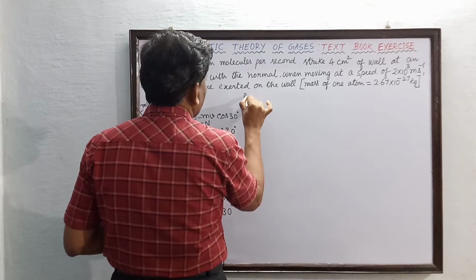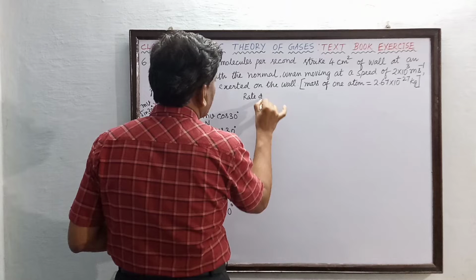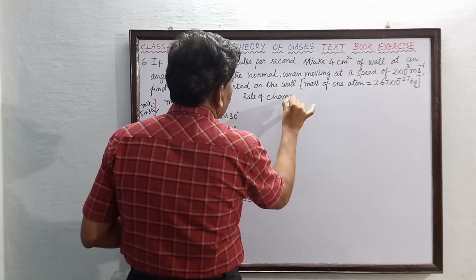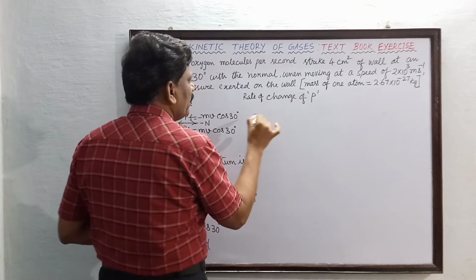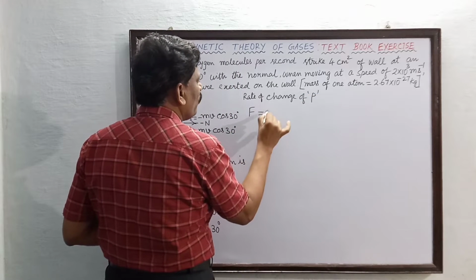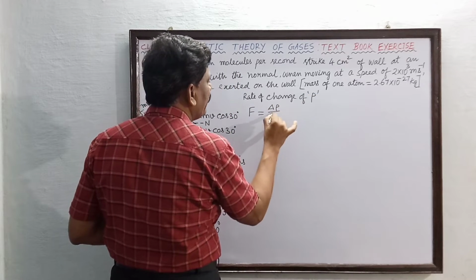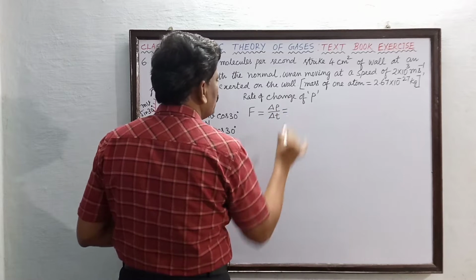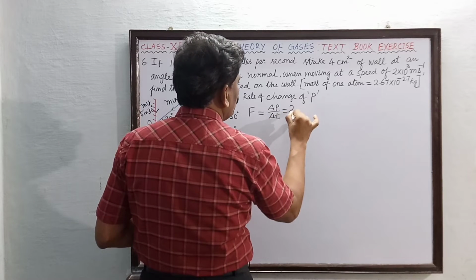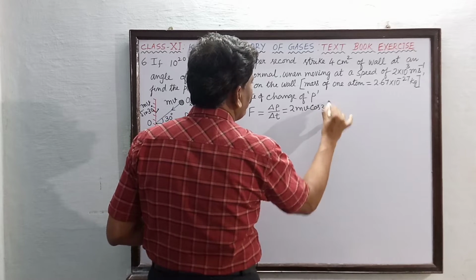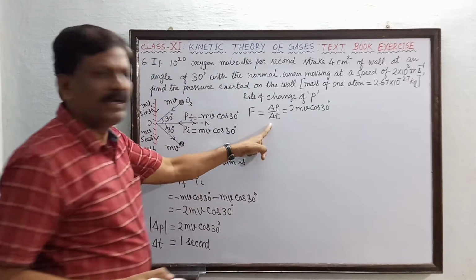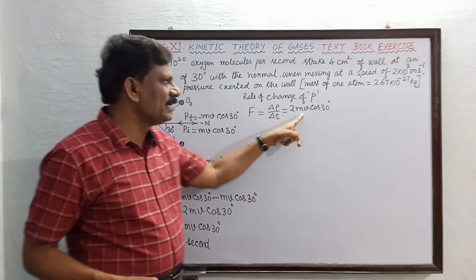Rate of change of momentum is nothing but force. So force is equal to delta P divided by delta T, which is 2 mv cos 30 divided by 1. Divided by 1 remains the same.